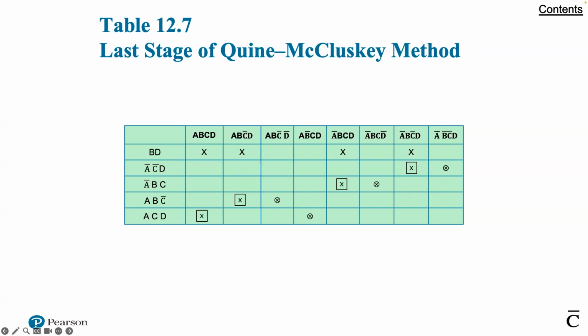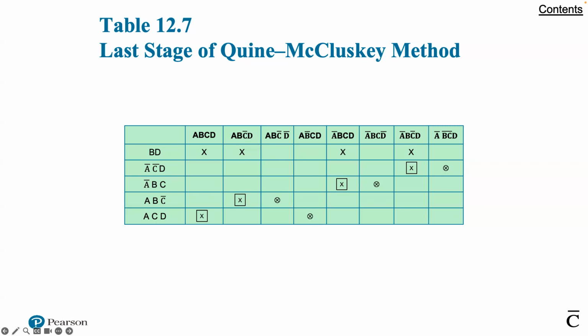Each column corresponds to one of the terms in the original expression. An X is placed at each intersection of the row and column such that the row element is, quote, compatible with the column element. That is, the variables present in the row element have the same value as the variables present in the column element.